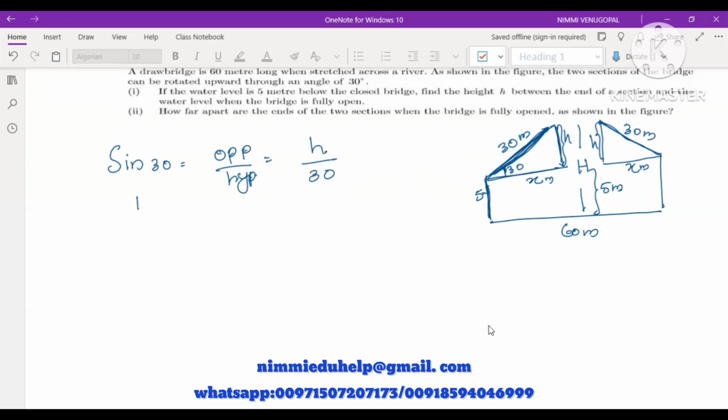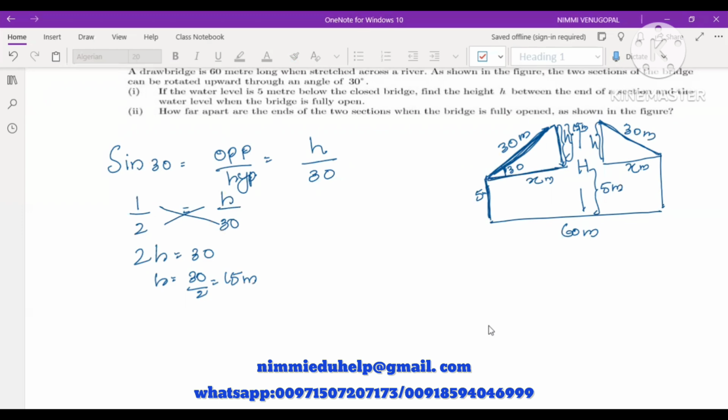Sine 30 is equal to 1 by 2. We must be thorough with the trigonometry table values. h by 30 equals 1 by 2. Cross multiply: 2h is equal to 30. h is equal to 30 by 2. We will get 15 meters. So from here to here it is 15 meters.